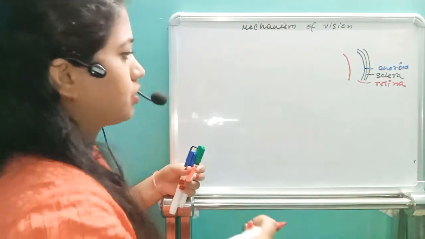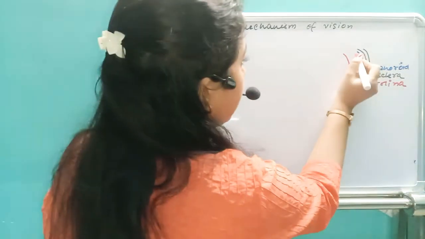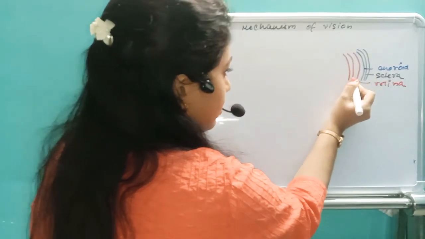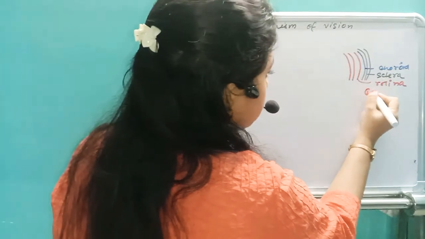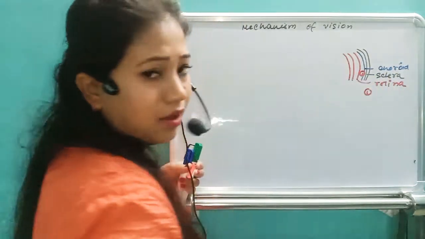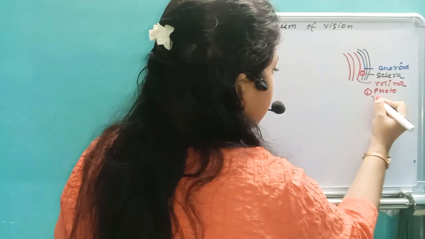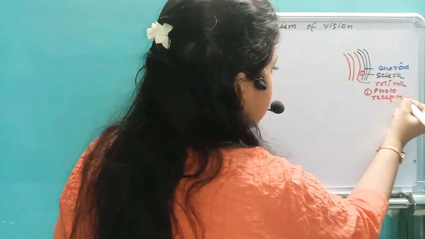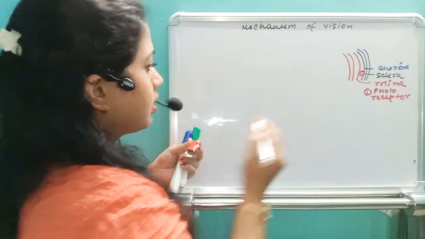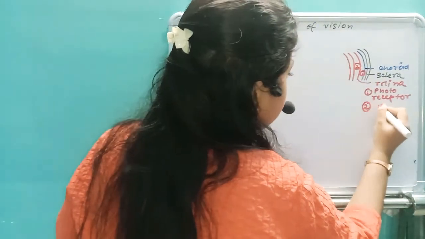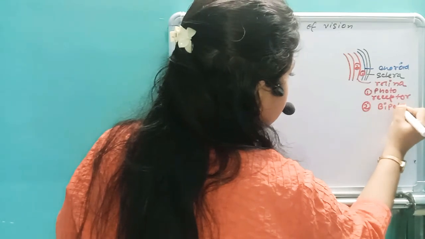So what are the sublayers? Here we have the first layer, this is the second layer, and this is the third layer. What is the first layer called? That is called the photoreceptor cell layer. The second layer will be called the bipolar cell layer.